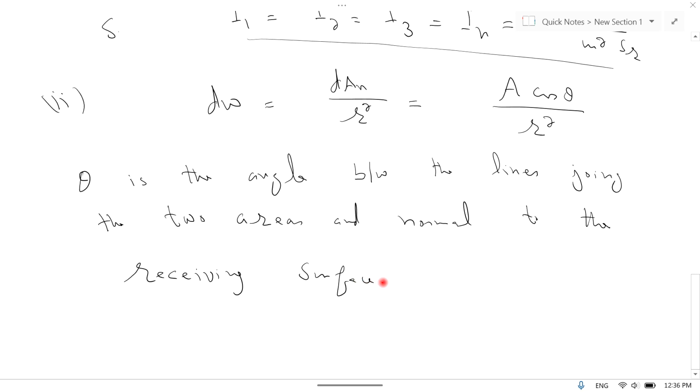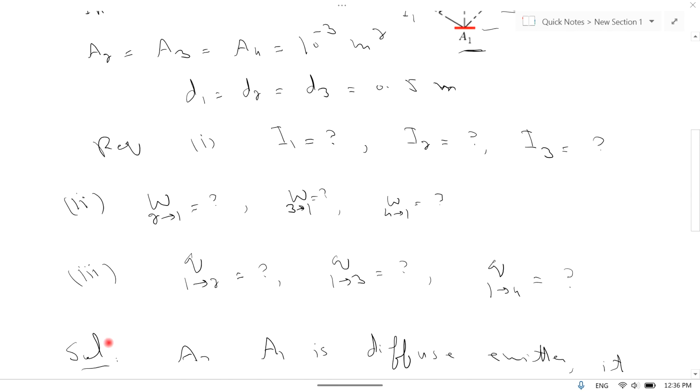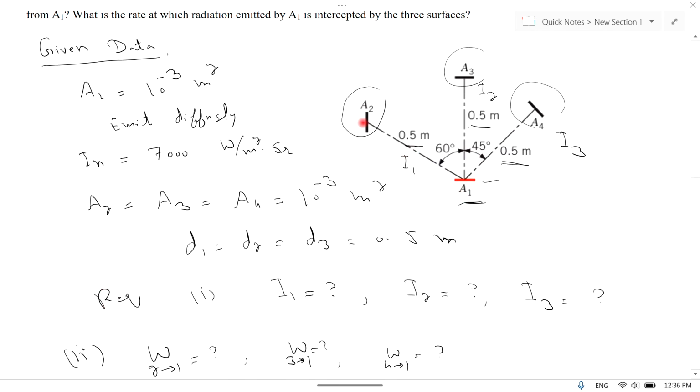Now I explain this from the figure. Let us find the angle between A1 and A2. The line joining A1 and A2 is this line, and the normal to A2 is this line. This is the normal to A2. We will find this angle.